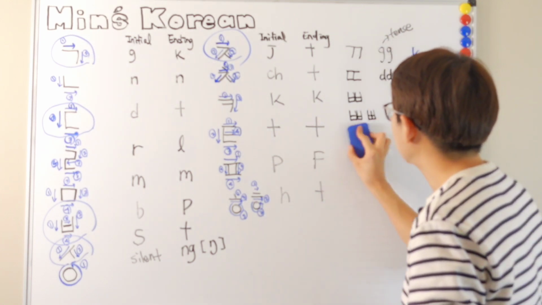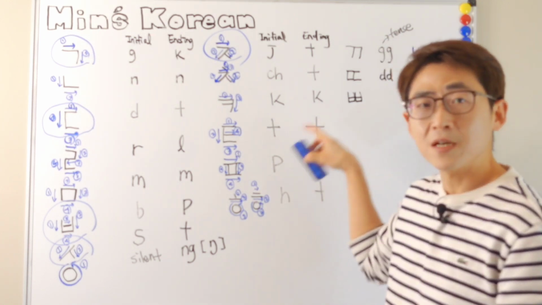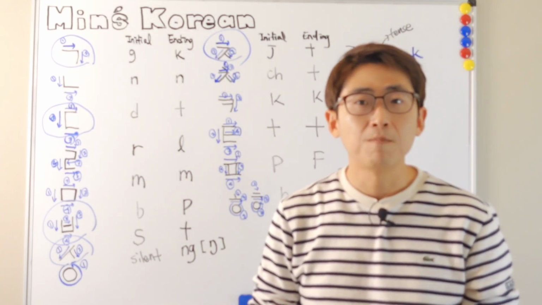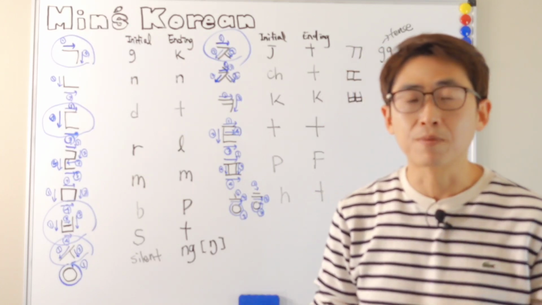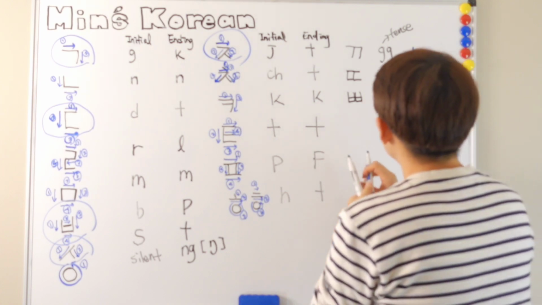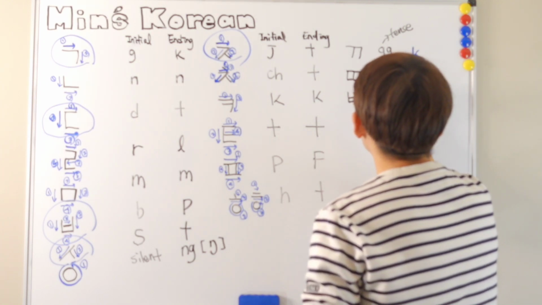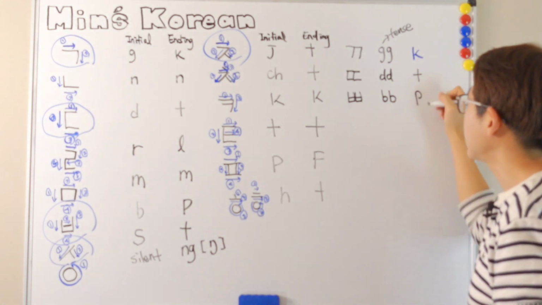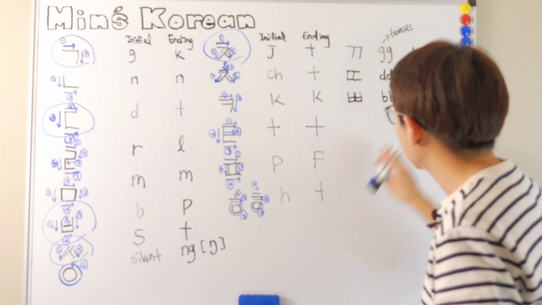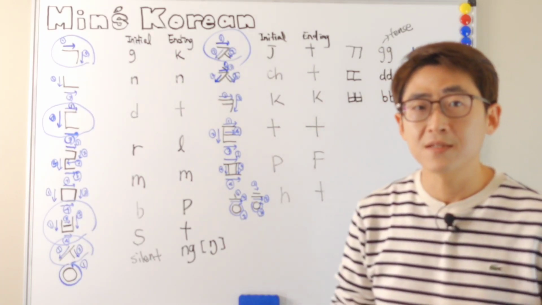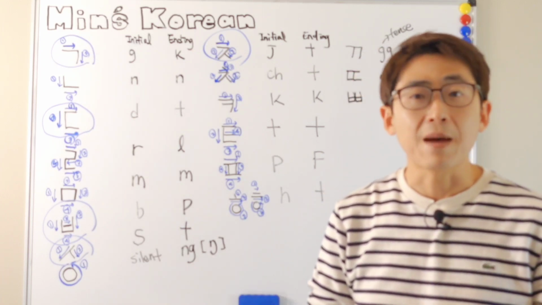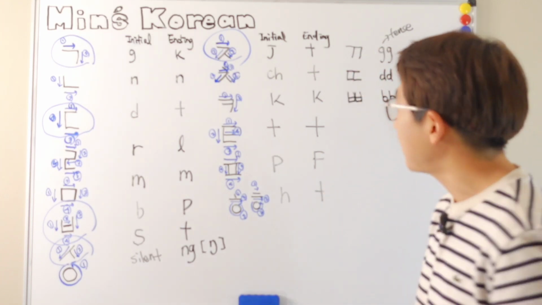And this one is called 쌍비읍, okay? And it makes the sound b, b, b, b, as in brain, brain, brain, okay? However, when it's used as an ending sound, it makes the p sound, as in snap, snap, snap.